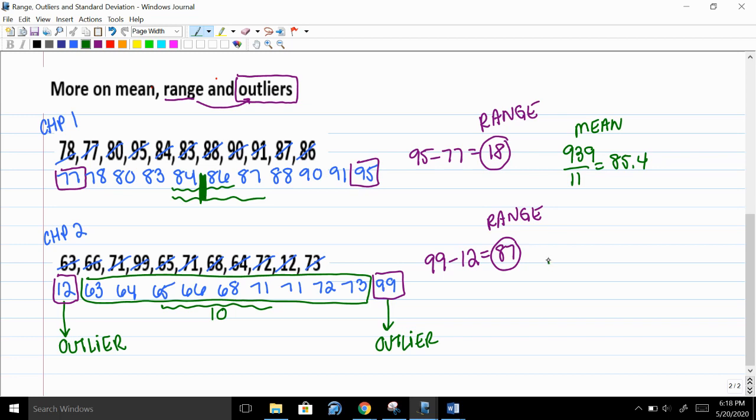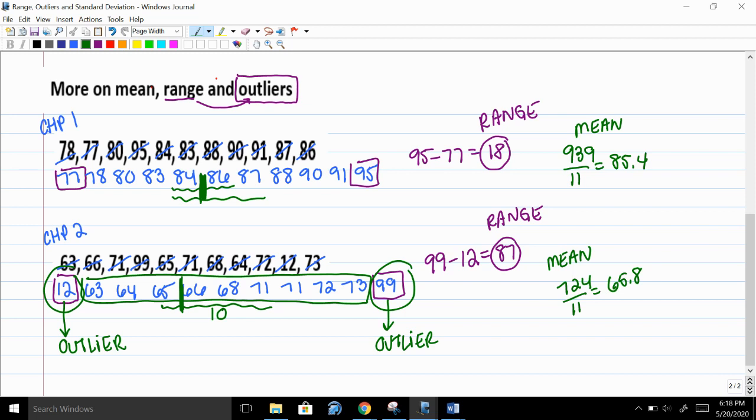For that second set of data, the mean is going to be 724 divided by 11, which is 65.8, which is also close to the middle, but for a different reason. These two outliers are stretching the data both ways, so they almost cancel each other out.